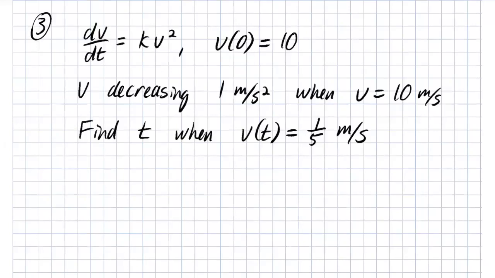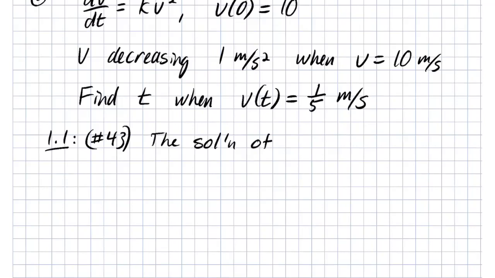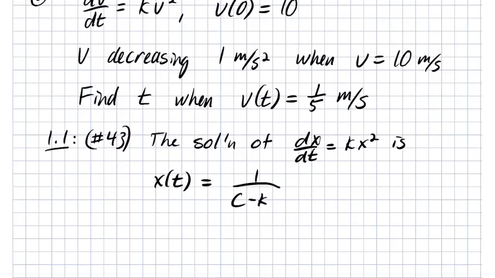Okay, so the trick to doing this question was to realize that in section 1.1, exercise number 43, it has you show that the solution of dx/dt equals kx squared is x of t equal to 1 divided by c minus kt.